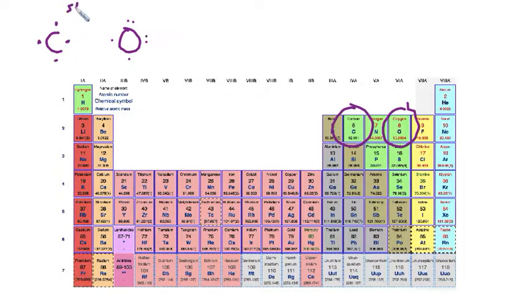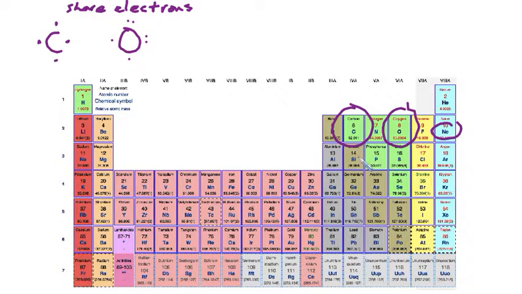Okay, and that's the key to covalent bonds, sharing electrons. So they still have to have 8 to be complete. Both of these elements want to become like neon over here with its 8 outer shell electrons.